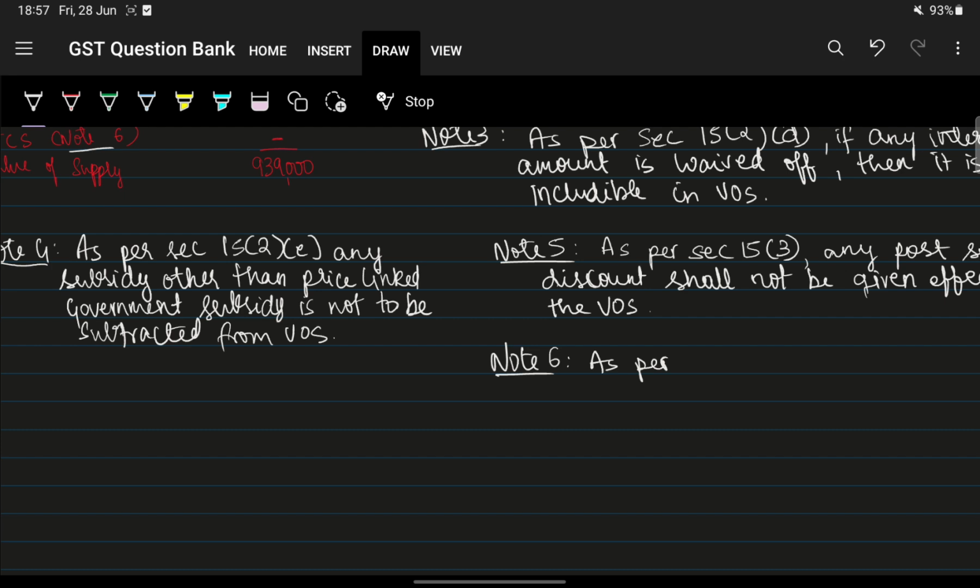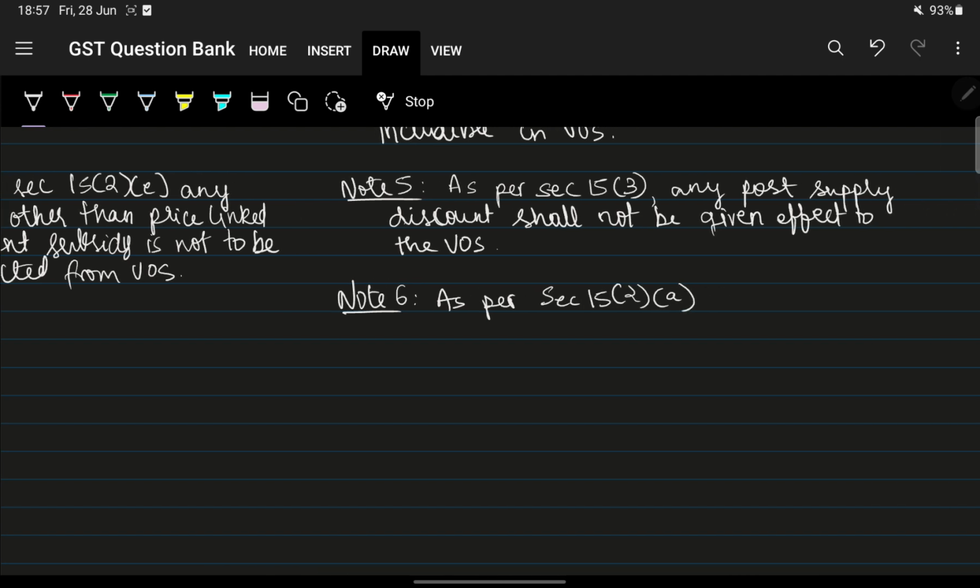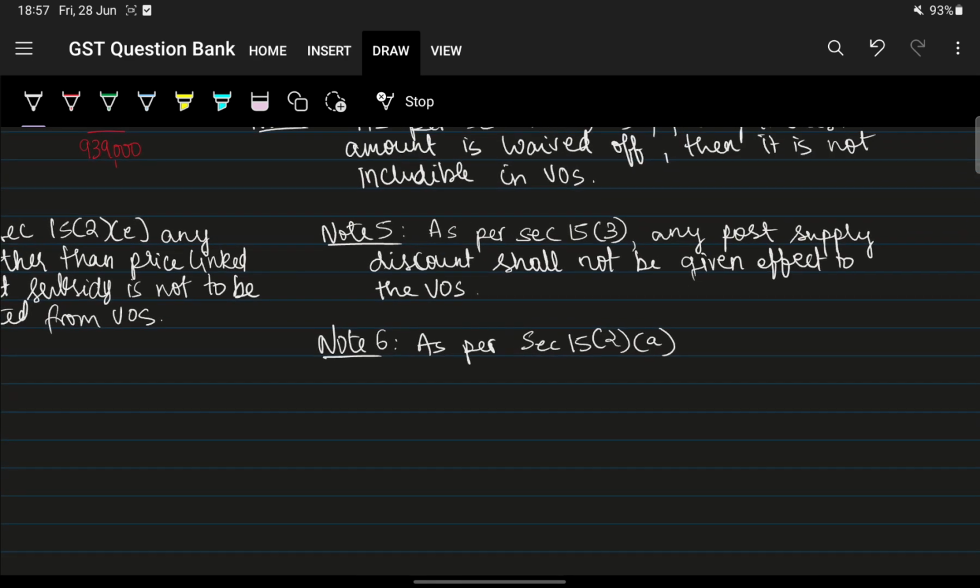However, in this same clause, exclusion was given to GST and TCS, as per section 15 subsection 2 clause A. TCS and GST are not to be included in value of supply.